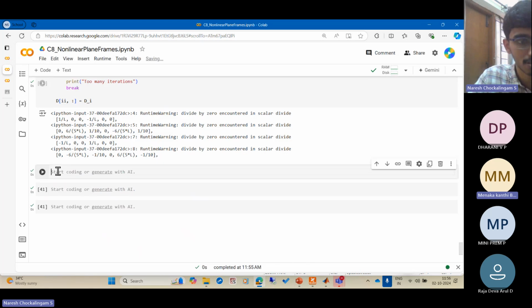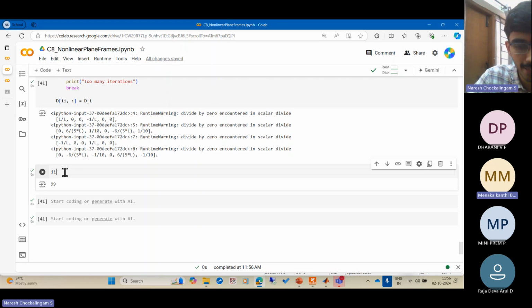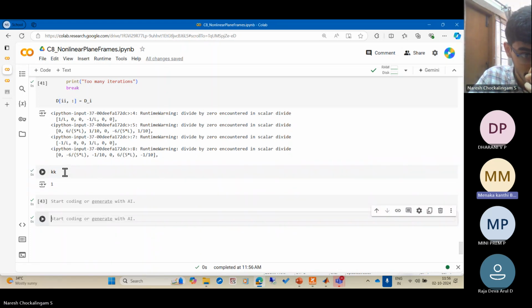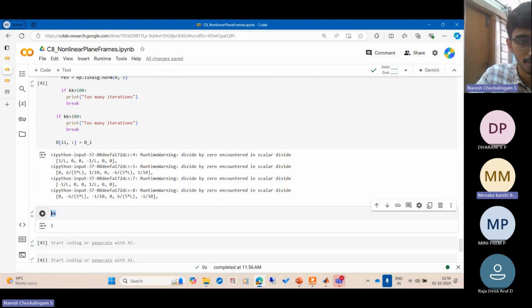Let us print at which. The 99th step this is happening, and KK 1. Okay. So until this point, let us see what it has done. So 99.